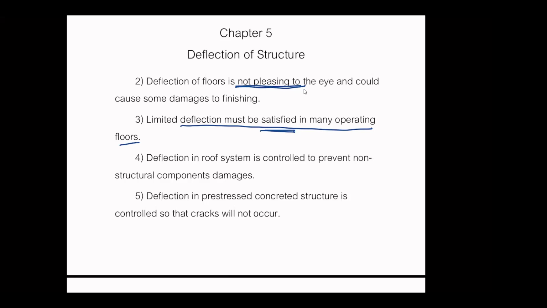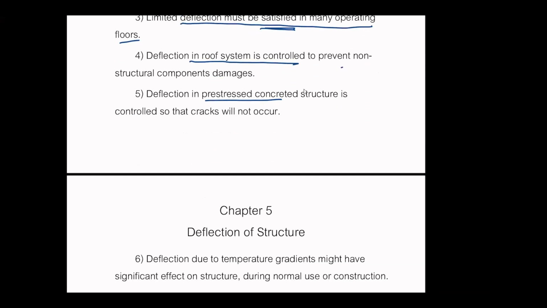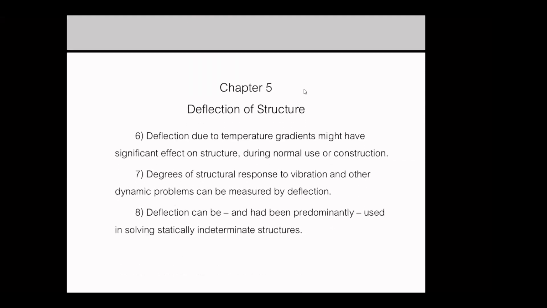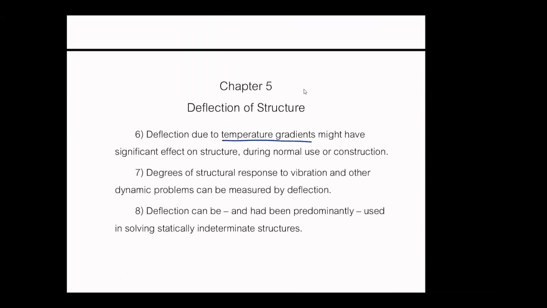And deflection in roof systems is controlled to prevent non-structural component damages, such as the ceiling and stuff. This is another thing in structures. Sometimes the temperature will cause excessive deflection as well.